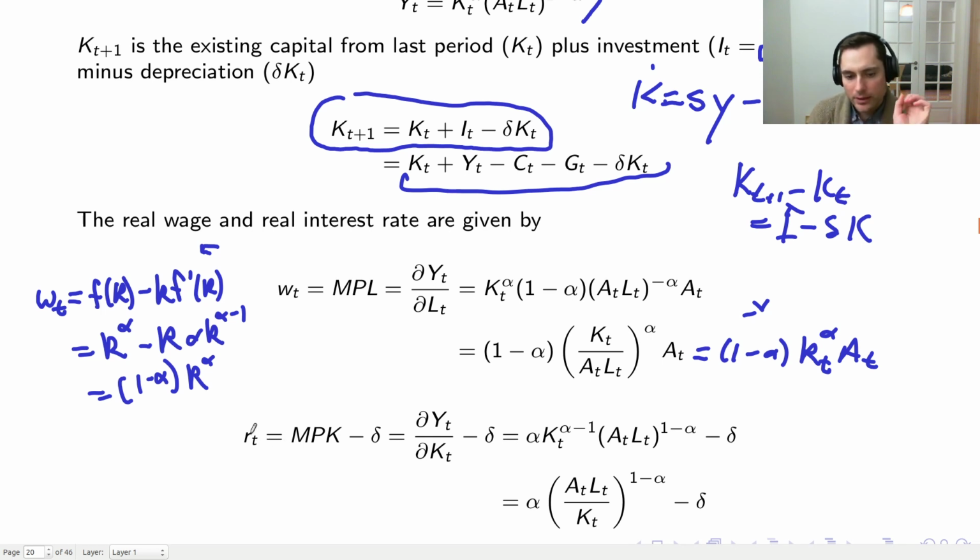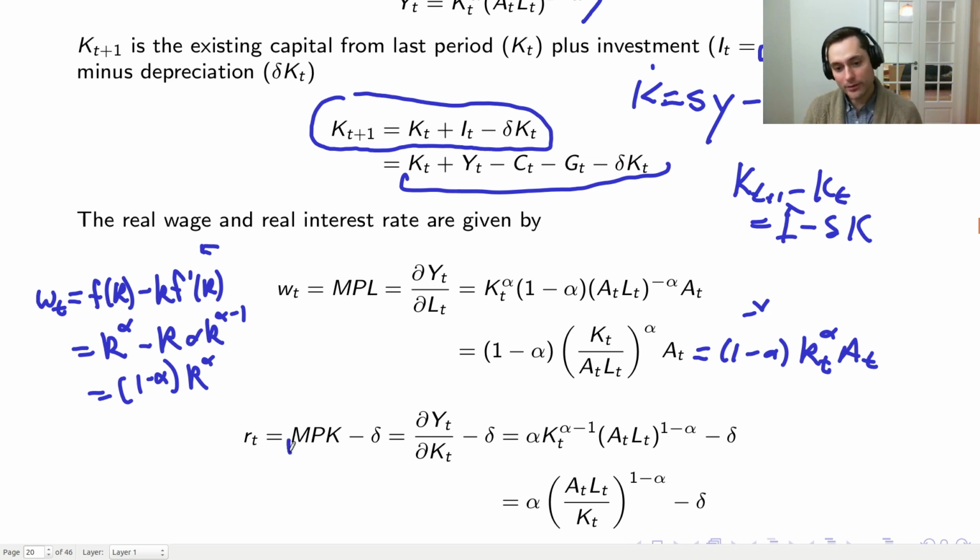All right, this one though is a little bit different. So, you know, I've been kind of trying my best to keep these terms straight, but now you're going to see where it actually matters. So I've been talking about the rental rate of capital and the rate of return on capital. Okay, so I've been kind of using them almost interchangeably, but they're slightly different. The rate of return is what I expect to get back on my investment, whereas the rental rate is what firms are paying to use capital for a period.